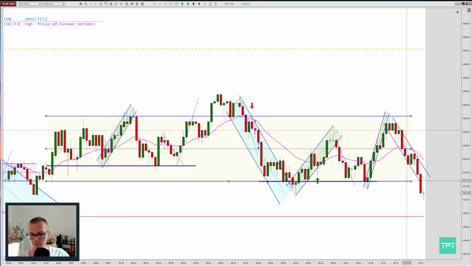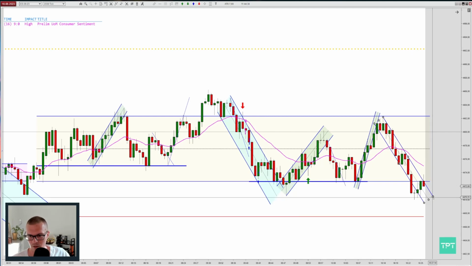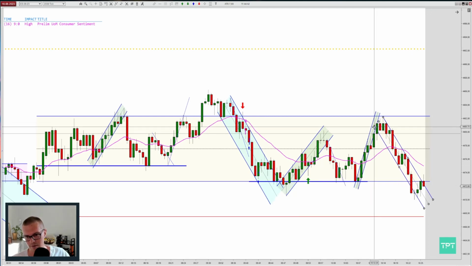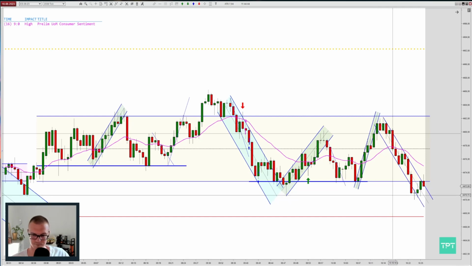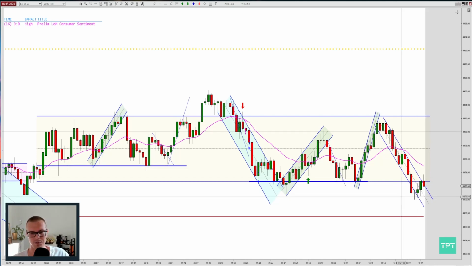Let's see. Wow, now we are breaking this range support level here. You can see there are very strong bear bars coming into play now. So maybe we have some bigger channel, but I will leave it like this for now. If you consider this, it's way too far below the EMA, and we're breaking this range here.